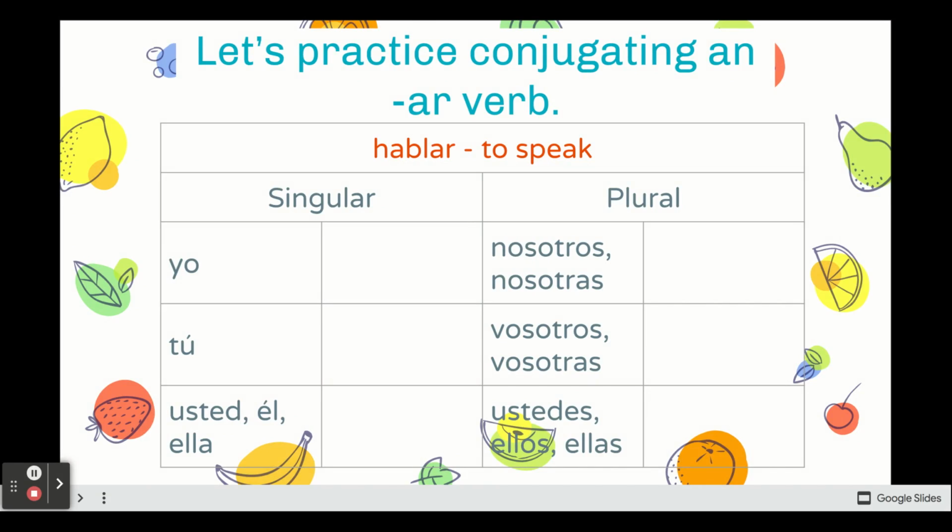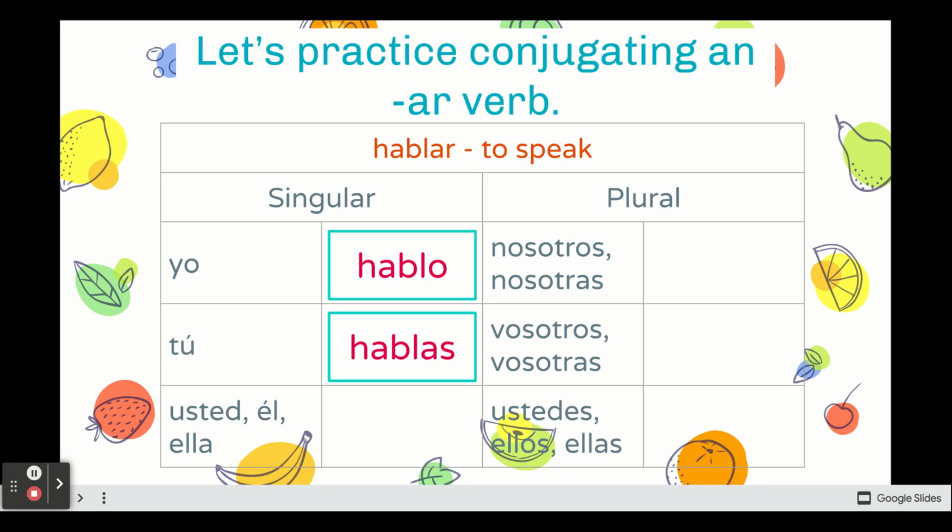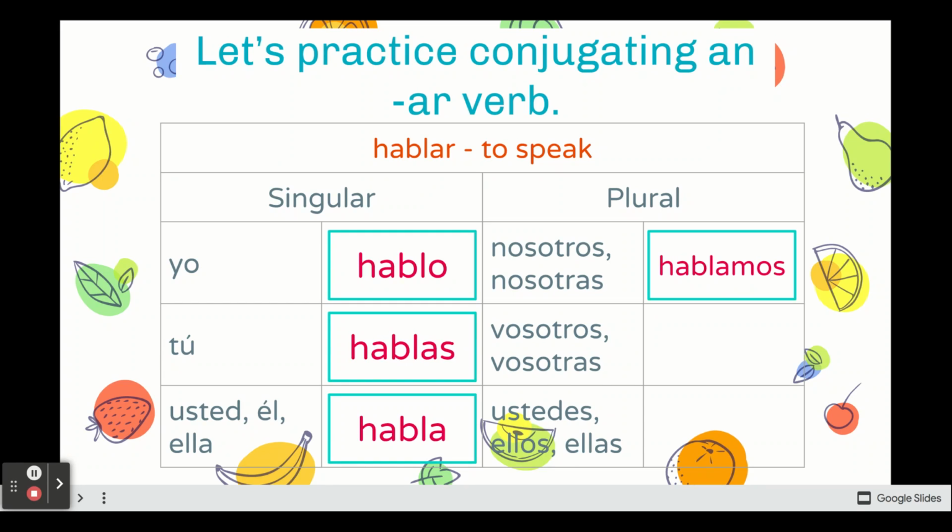You could essentially write that stem in every box because you know it's not going to change for any of the forms. The only part that's changing is the ending. So our yo form would be hablo, tú hablas, usted o ella habla, nosotros hablamos, vosotros habláis, and ustedes ellos hablan.